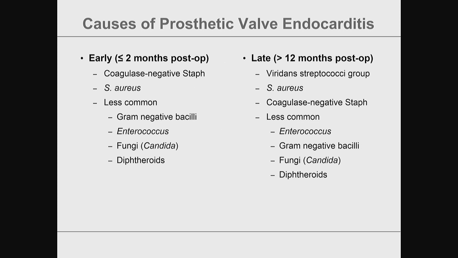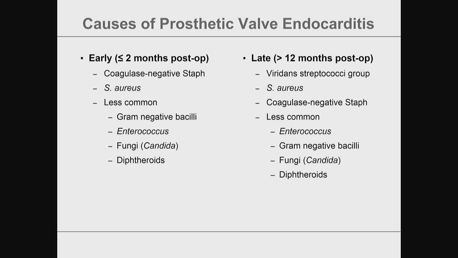So what are the microbiologic causes of prosthetic valve endocarditis? Well, in patients that have endocarditis of the prosthetic valve less than 2 months after having the prosthetic valve placed, the most likely causes are coag-negative staph, followed by Staph aureus. And these other 4 are much less common: gram-negative rods, enterococcus, fungal, or diphtheroids.